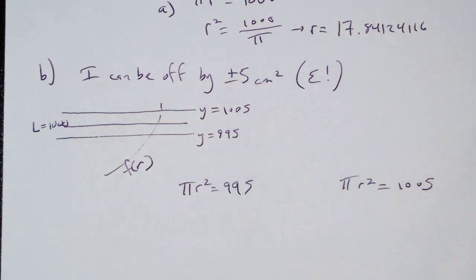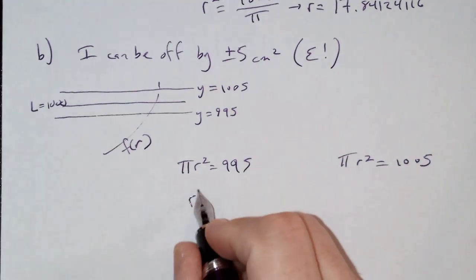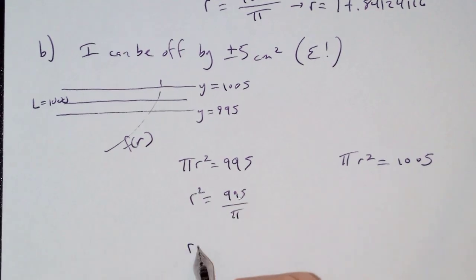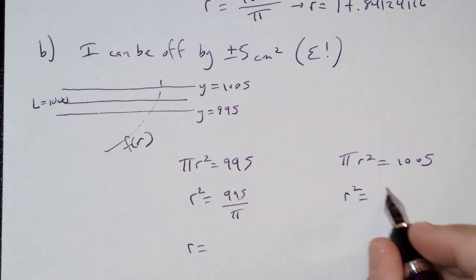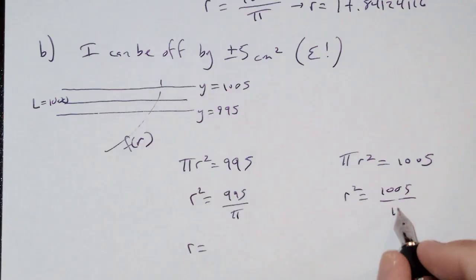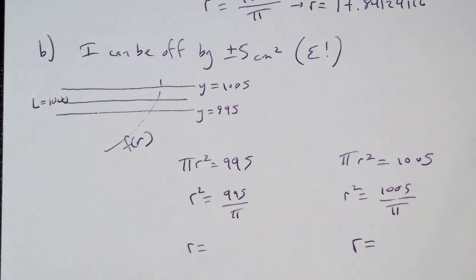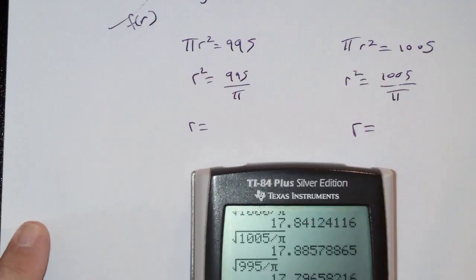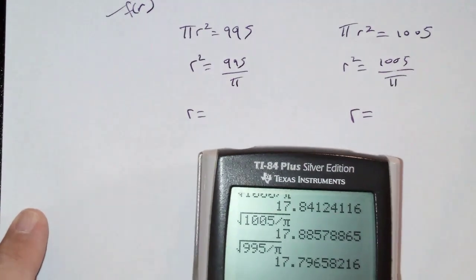I do the exact same calculation to get r. And when I do my square roots, I get those numbers.